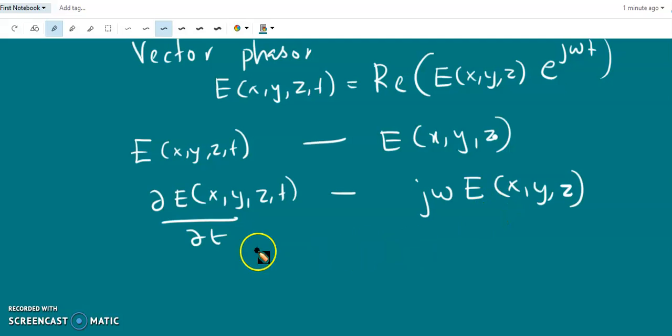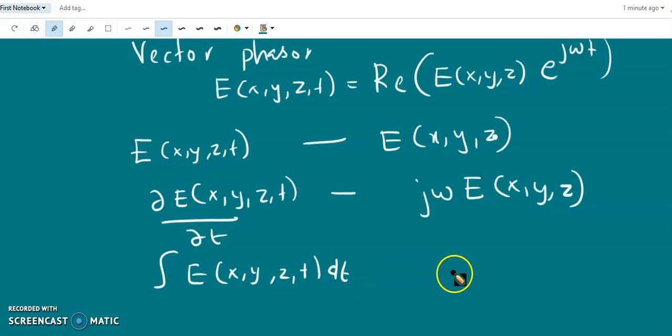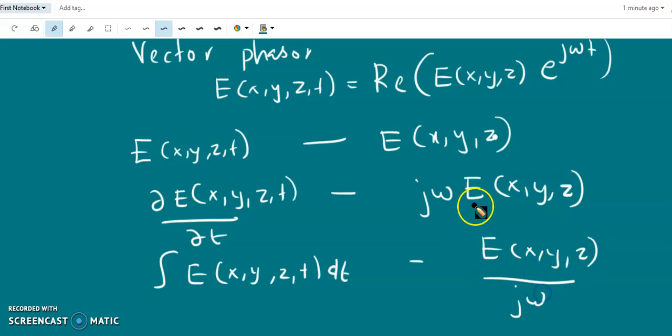And wherever the integral of E(x,y,z,t) with respect to t occurs, we can write it as E(x,y,z)/jω. So wherever higher order derivatives occur, we can write them as powers of jω, and wherever higher integrals occur, we can write them as powers of 1 over jω.